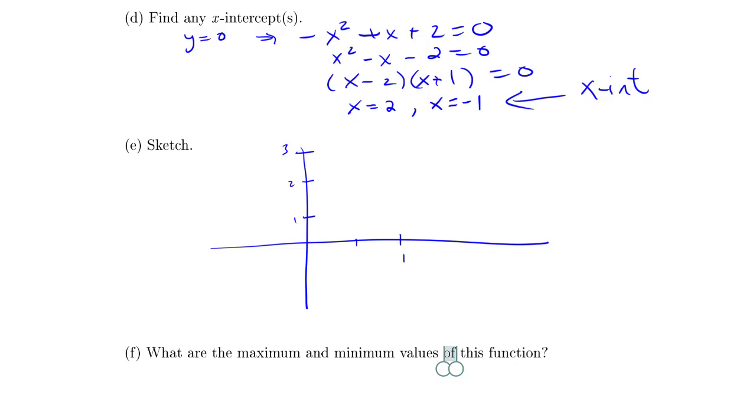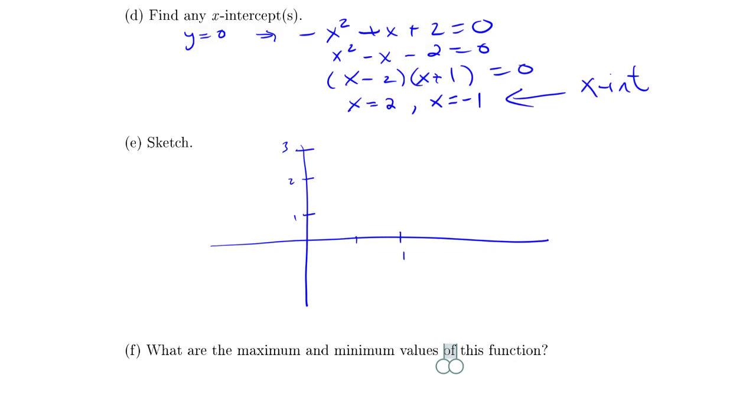The vertex is 1/2, 9/4. 9/4 is 2 1/4, so we'll go a little above 2 there. We know we have the y-intercept at 2, and the x-intercepts at -1 and 2 from right above. So we have here and here, and everything is pretty much giving us the general shape of this thing.